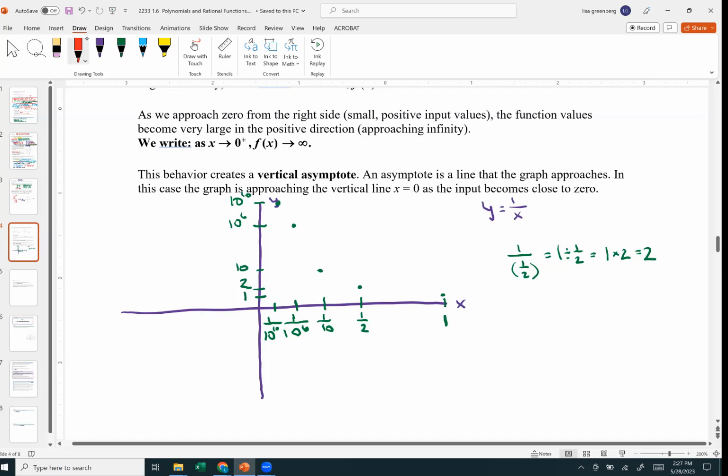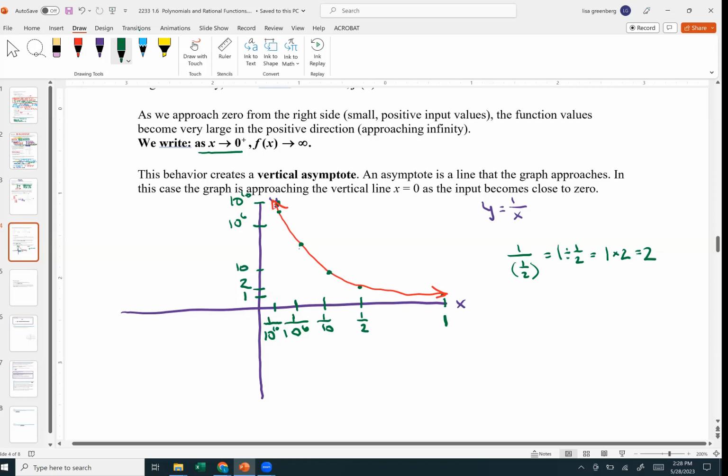And what does this graph really look like? It looks basically like this. There we have it. And we can see that the closer x gets to 0, the larger y gets. And that's what this says.